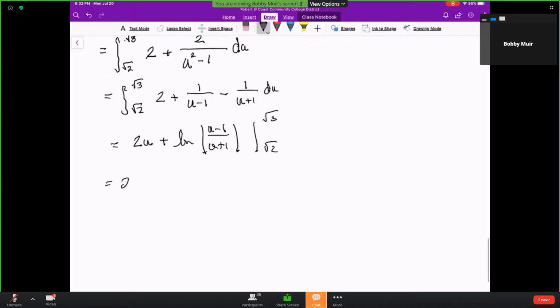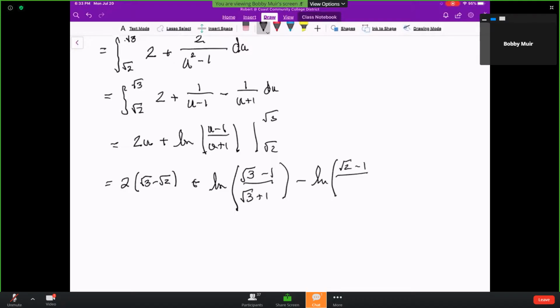Okay, so this guy is going to be 2 times radical 3 minus radical 2. So there's that piece. And then this is going to be the log of radical 3 minus 1 over radical 3 plus 1 minus the log of radical 2 minus 1 over radical 2 plus 1.